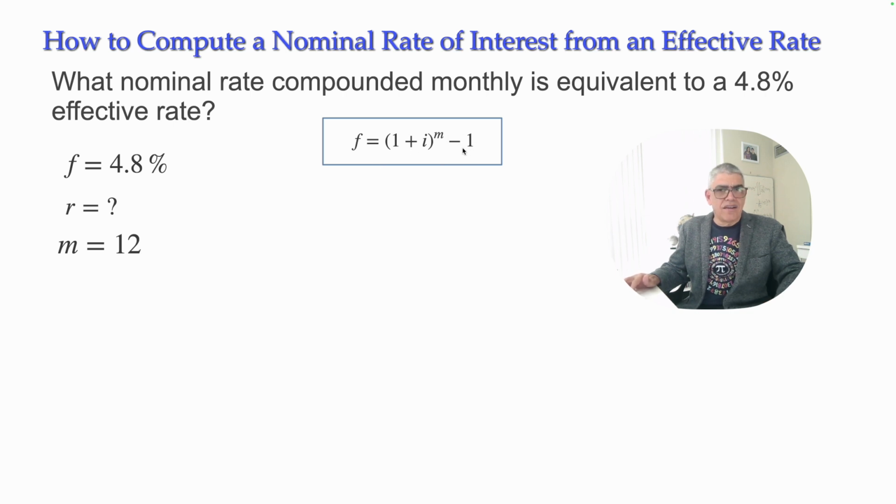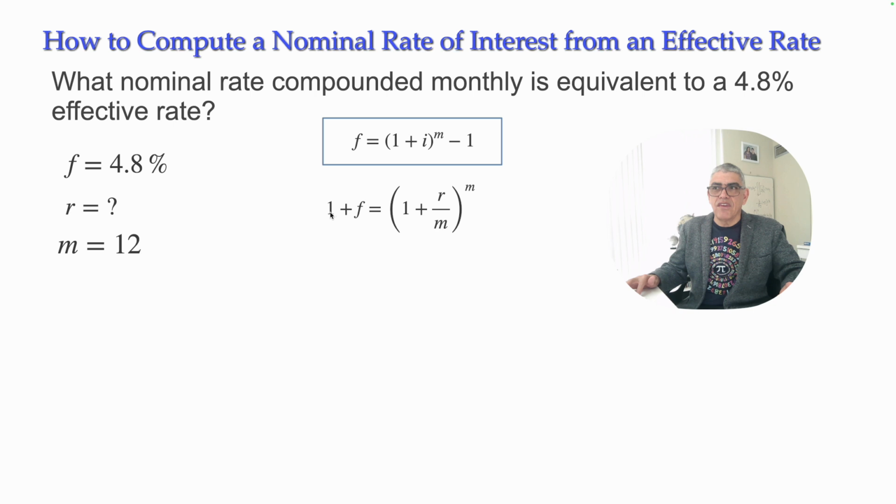This negative 1 here can be written on the other side as positive 1, 1 plus F. So we can write 1 plus F equals (1 plus R over M) to the power M. If you notice, this is the amount that you receive as a future value if you invest $1 at this effective rate.